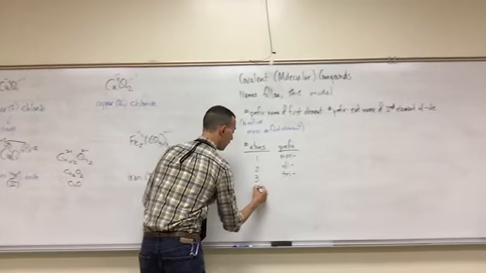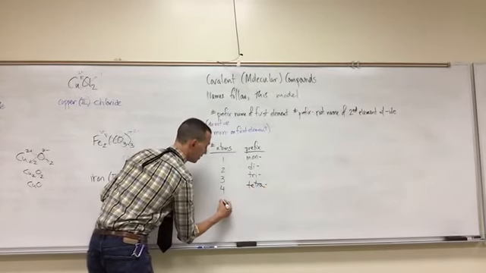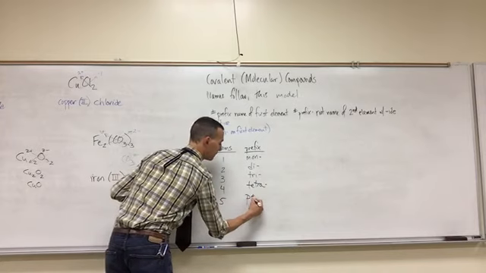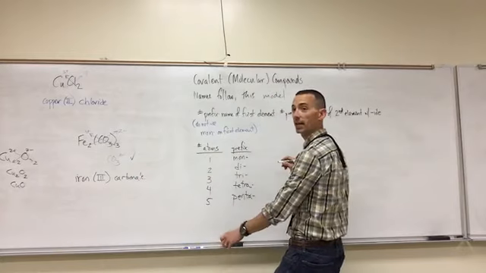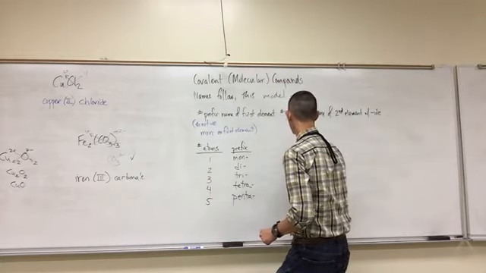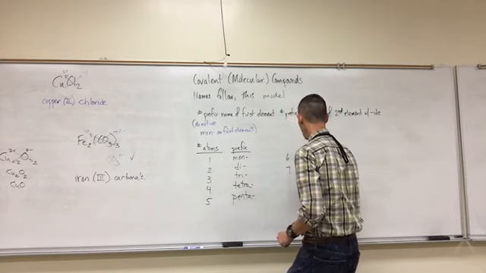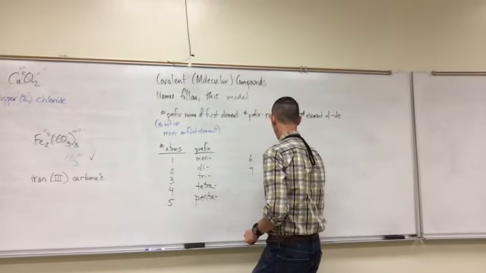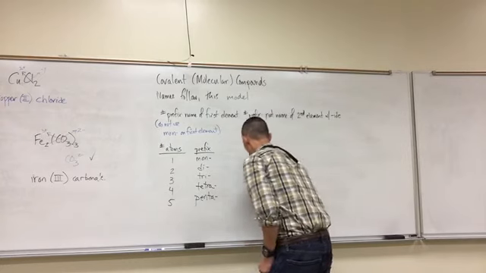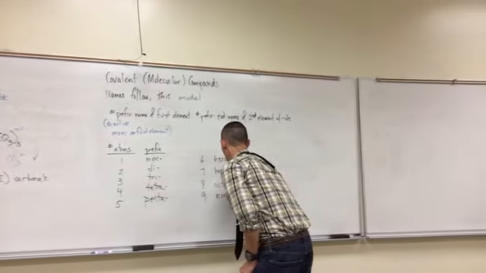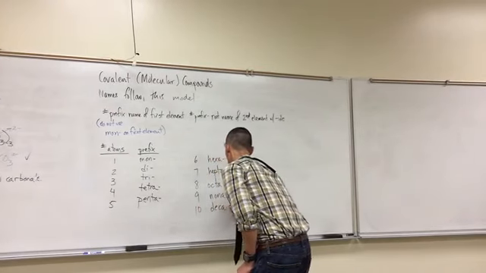If you have 4 atoms, the prefix is tetra. 5 atoms, it is penta. 6 atoms would be hexa. 7 atoms would be hepta. 8 atoms would be octa. 9 would be nona. And up to 10 would be deca.